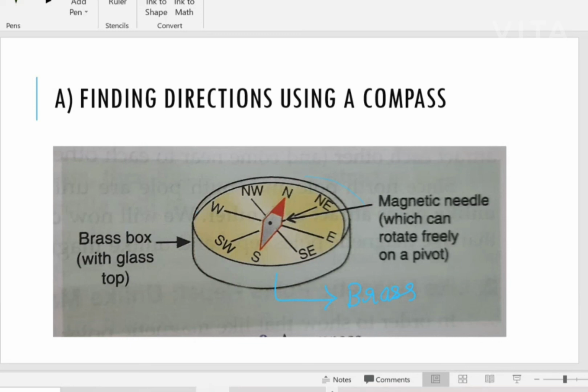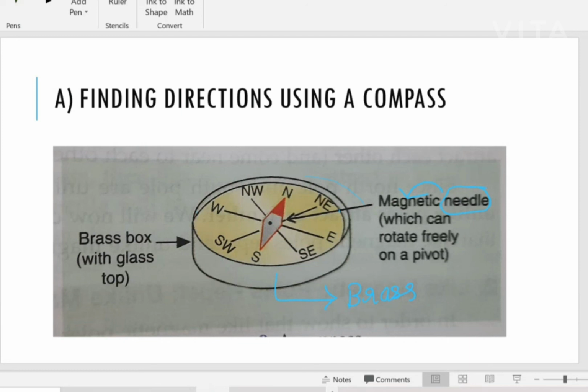Inside, you have different directions labeled and you have a needle. This needle is made up of a magnetic material, which makes it behave like a magnet that can rotate freely on a pivot. It is fixed to this center point and it is freely suspended, behaving like a freely suspended magnet.